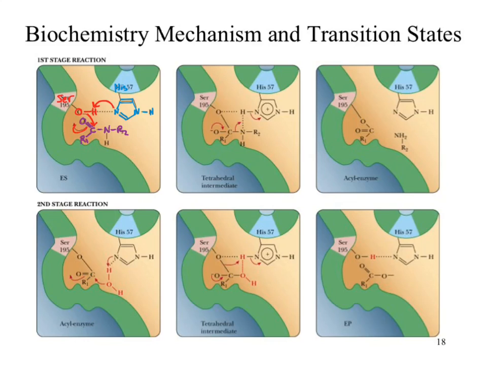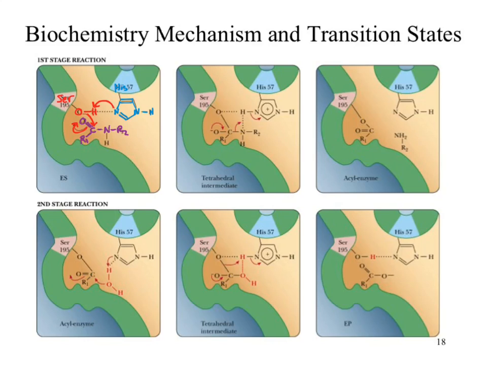We break the weakest bond we've got, which is the carbonyl carbon-oxygen pi bond, to form our tetrahedral intermediate. Why is it referred to as tetrahedral? Single bonds. You look at the carbon that was involved, and it has four different things attached to it. Hence, it is a tetrahedral intermediate.